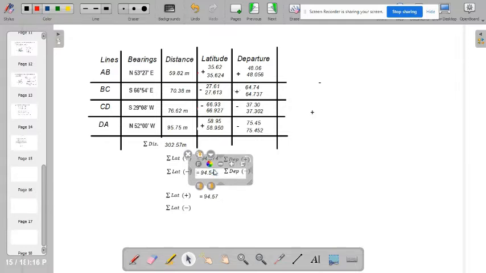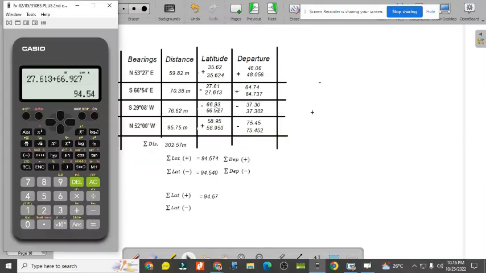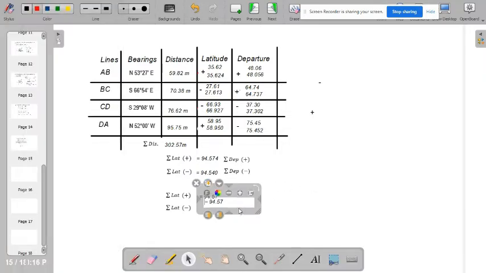For the two decimal places, 27.61 plus 66.93. So this is 94.54.